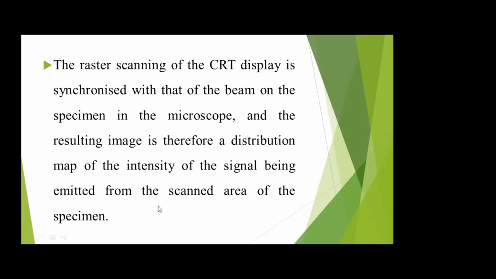Understand very carefully: in the display device also we have rasters, and they are synchronized with the raster scanning by the beam on the specimen, and this results in the distribution map of the intensity of the signal which is being emitted from the scanned area of the specimen.